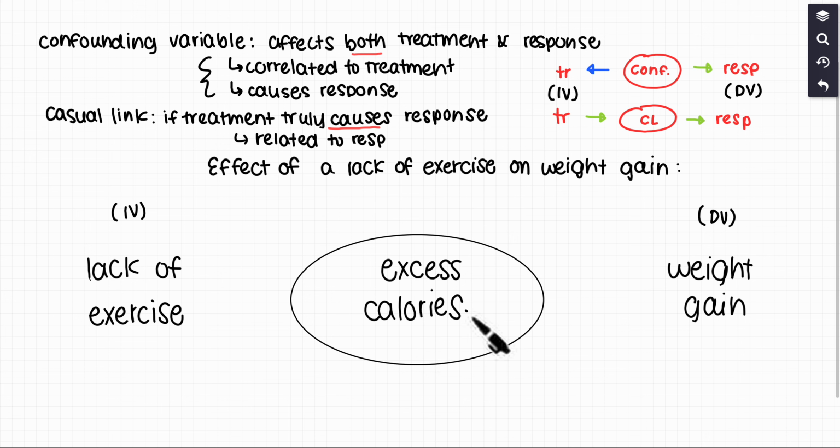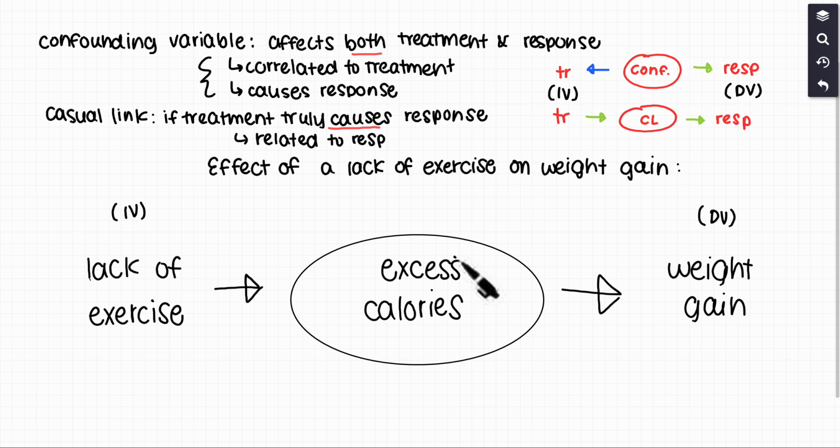A lack of exercise causes an excess of calories in your body. So I'm going to put an arrow here because a lack of exercise causes excess calories in your body, and an excess of calories in your body causes weight gain. Because if your body stores too many calories, then those turn into fat, which causes weight gain.